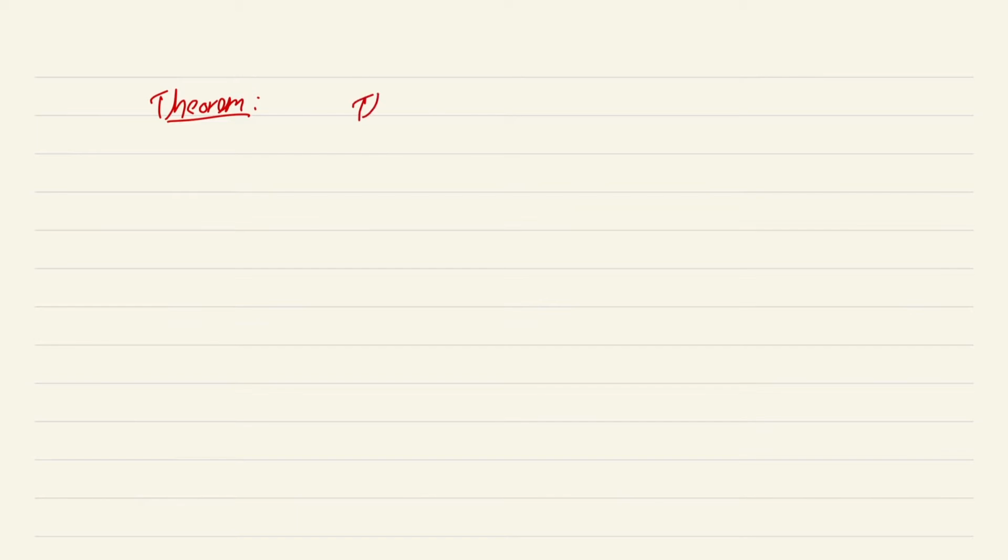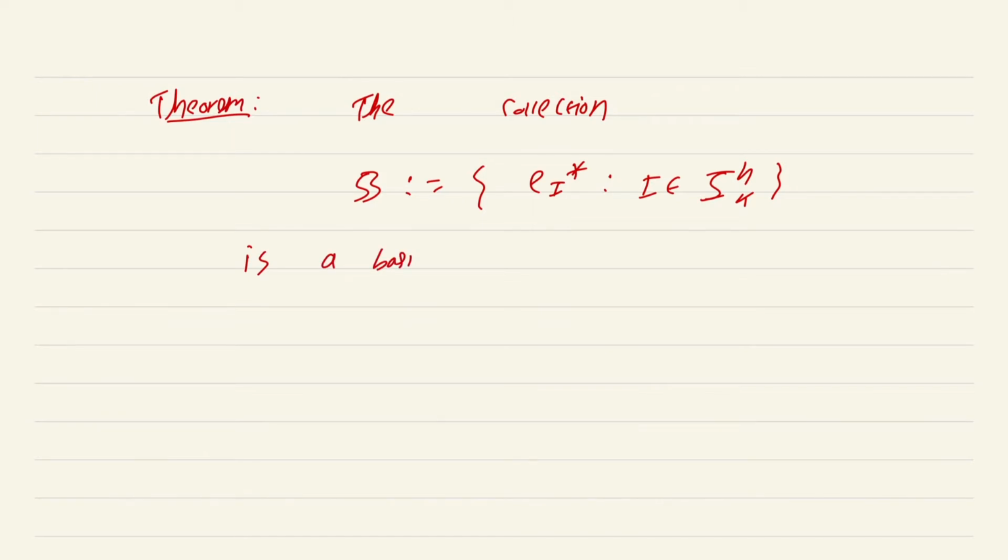The collection B, which is by definition e_I^* such that I comes from I_{n,k}, is a basis for Alt^k V. So these special forms e_I^* form a basis.